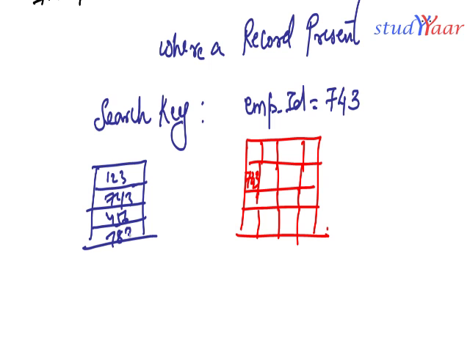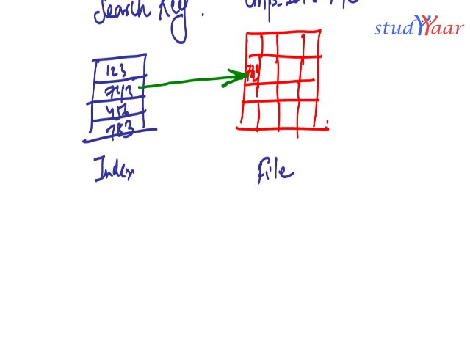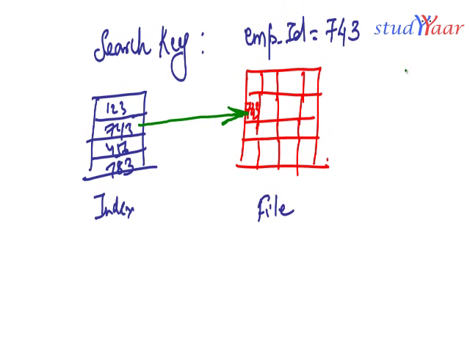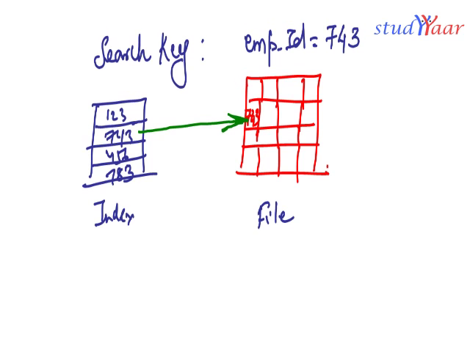So this is my index, this is my file. My index for 743 would point to this location. It's going to directly give me the location where the record of the employee with employee ID 743 is stored.